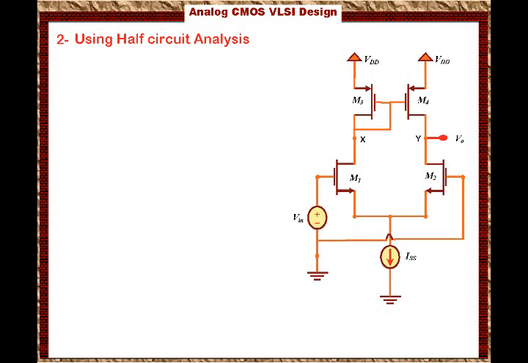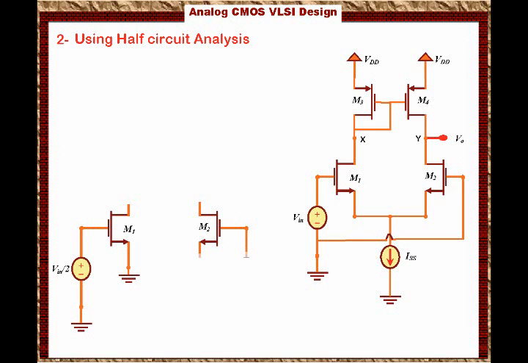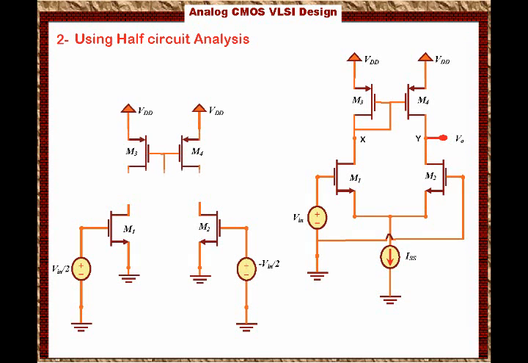Then what we can do is redraw the circuit such that the source of M1 and M2 is grounded. Keep in mind that this is for the AC circuit, so we're saying that the AC circuit has a ground source for M1 and M2. Then the circuit looks like this.